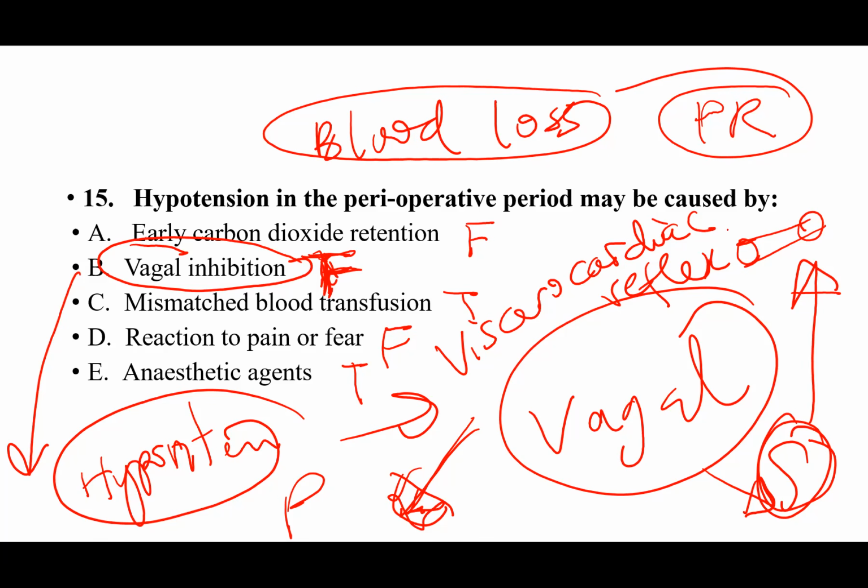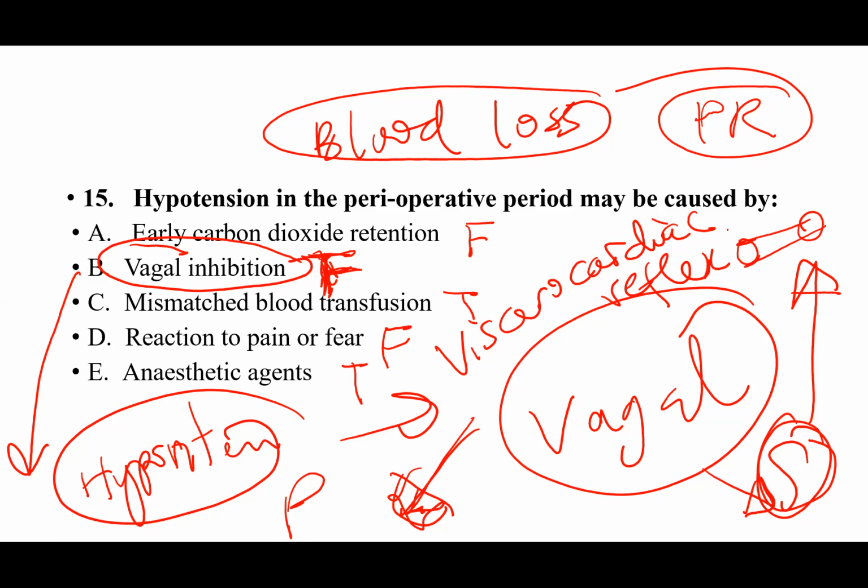That is a viscerocardiac reflex. You are inhibiting the vagus, and it is a form of reflex that can cause cardiac arrest. Okay, so read about viscerocardiac reflex. So, sir, it falls under hypotension here.